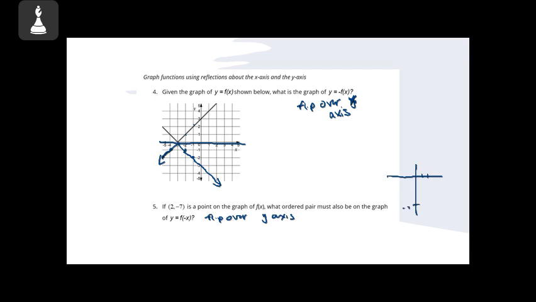If I want to flip it over the y-axis, which is this one here, I'm going to mirror it 2 units this way. So I'm 2 units from the line, 2 units this way. I am just negating the x. So (-2, -7) is the point now.